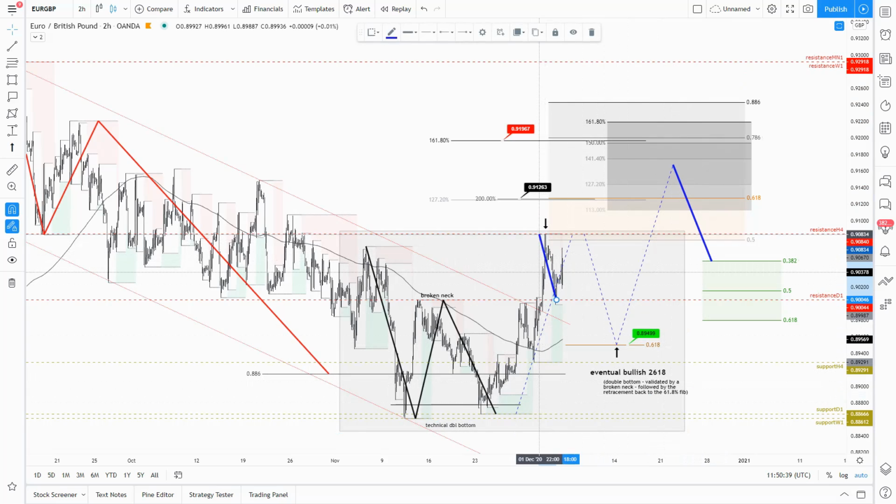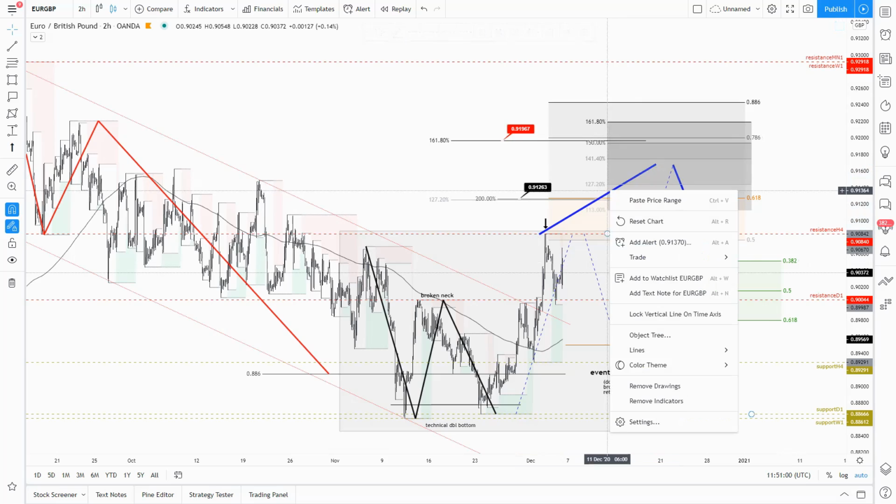So we need to wait for the price to form and to fall into those price levels. If the price decides to bounce from these levels, then we will target the symmetry as an ABCD pattern, and the ABCD pattern should offer a retracement back to the 38% fib at least, and then it should keep trading even higher.